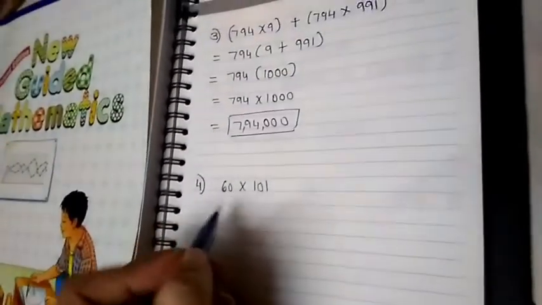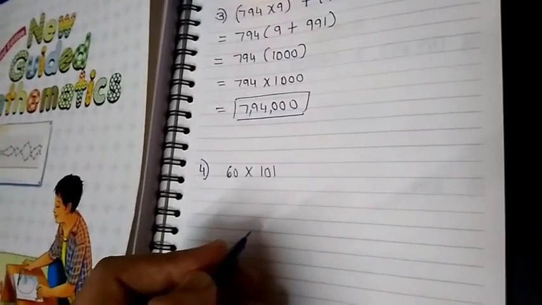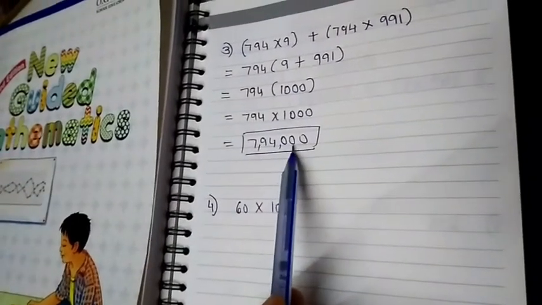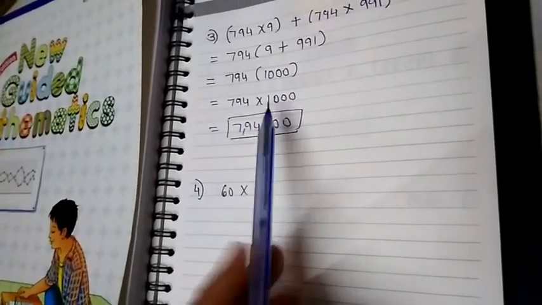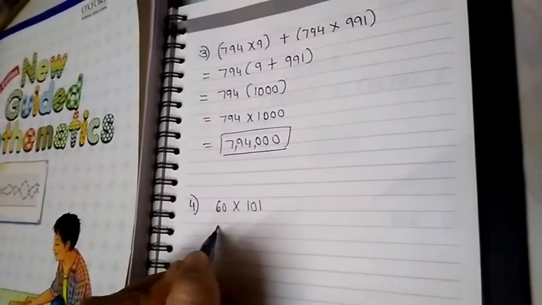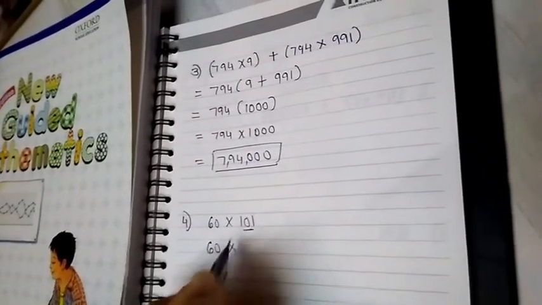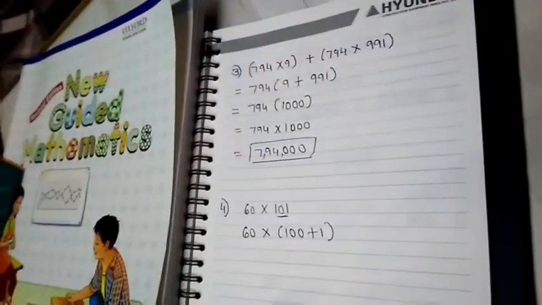Now next one, 60 multiply 101. Here what you will do? You have done this. See here, as you got this 1000, it became very easy for multiplication. So here what we will do? We will take this 101 as 100 plus 1.